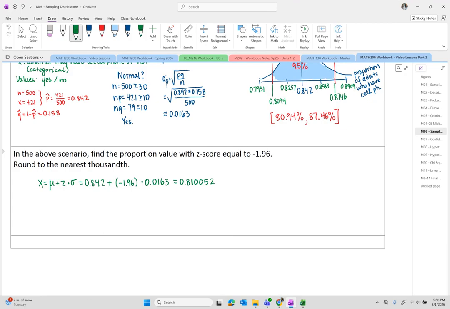So this is approximately 81.01%. That's the proportion.